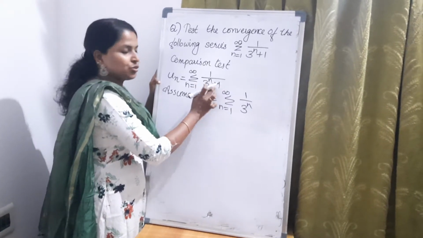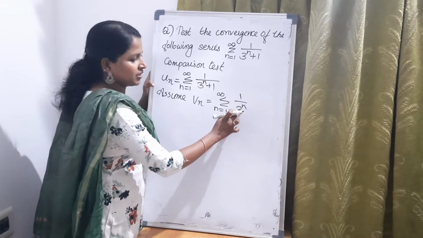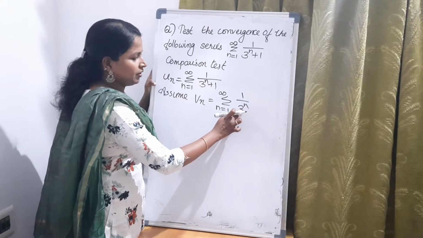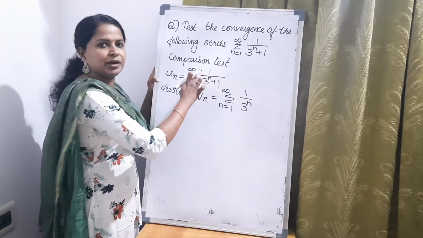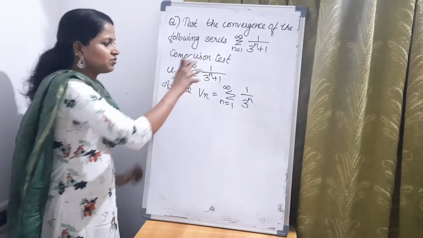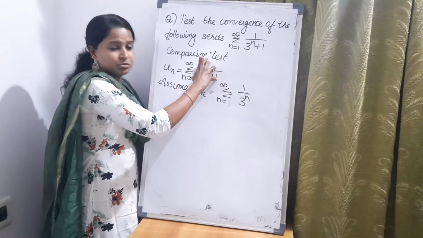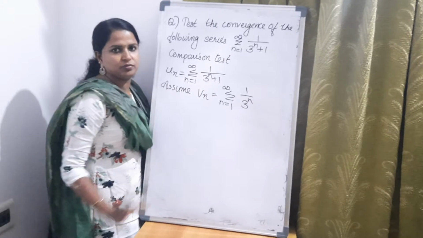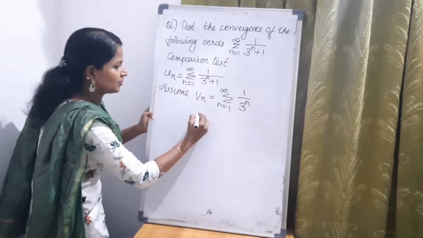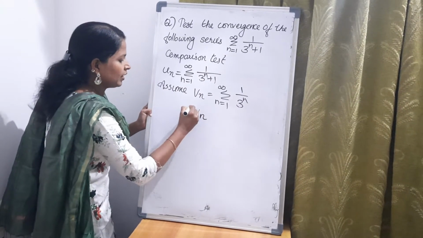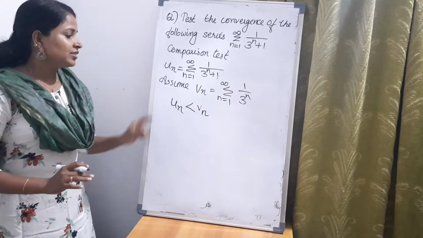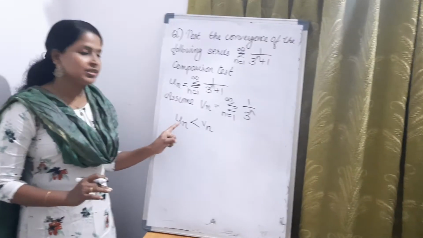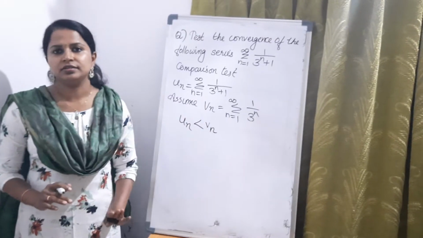Here 3 raised to n plus 1 is big, and 3 raised to n is the small value. So 1 by 3 raised to n is greater than 1 by 3 raised to n plus 1. That is, Vn is the greater value than un.